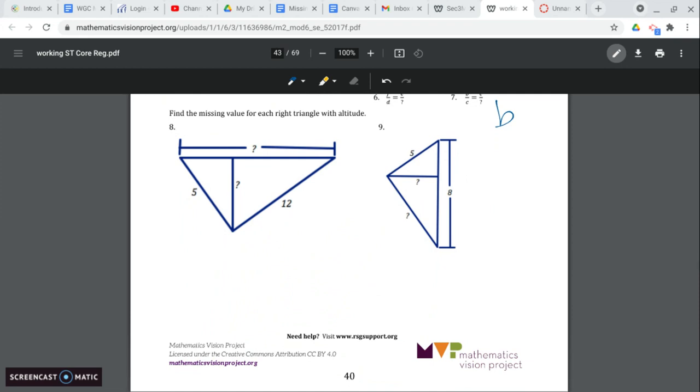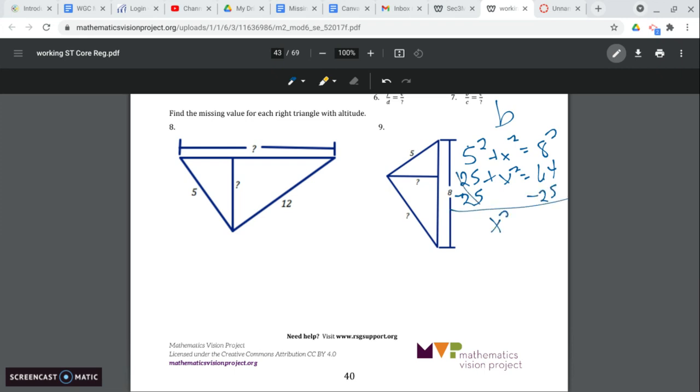All right, find a missing value for each right triangle with the altitude. So here we're looking at one of the sides. We've got the hypotenuse here, so we can use the Pythagorean theorem. So we've got 5 squared plus x squared equals 8 squared. So 25 plus x squared equals 64. Subtract the 25.